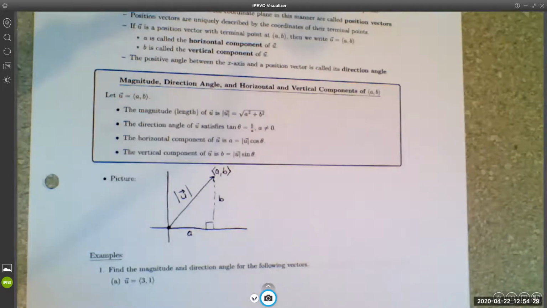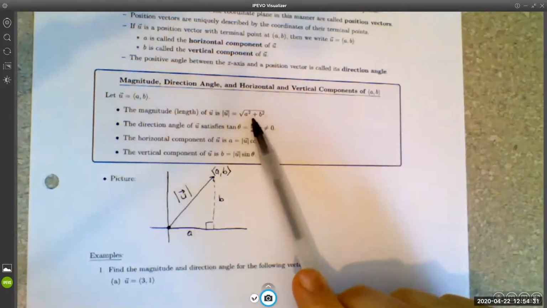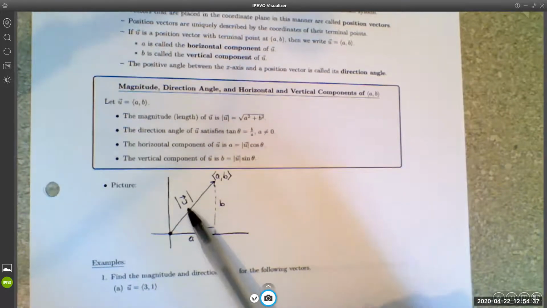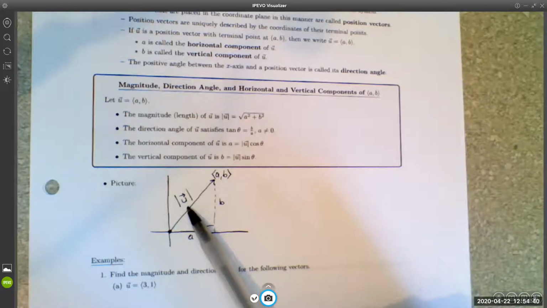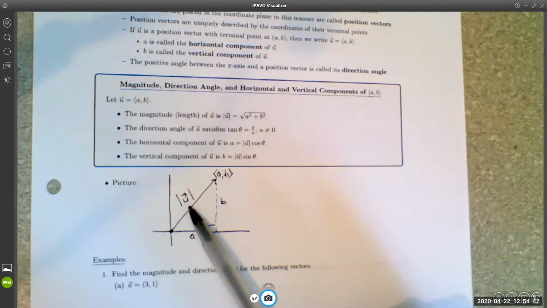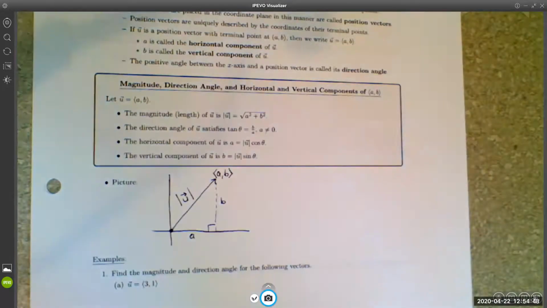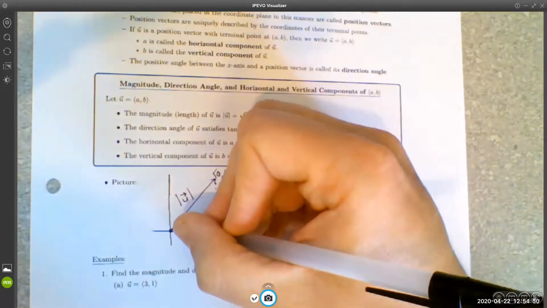So here you get this first statement, which is just the Pythagorean theorem: a squared plus b squared equals magnitude of u squared. You take the square root of that and you get magnitude of u is the square root of a squared plus b squared. This angle here is the direction angle theta.